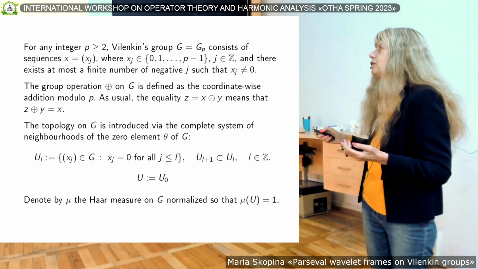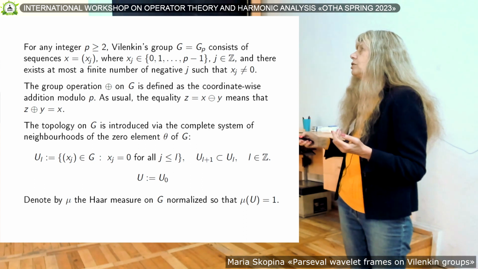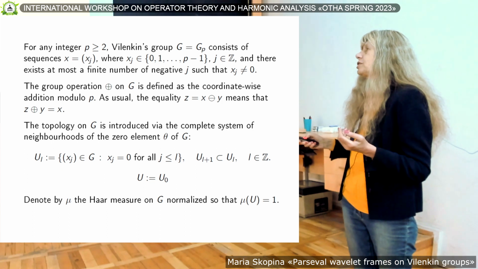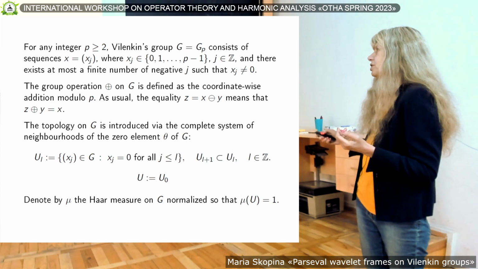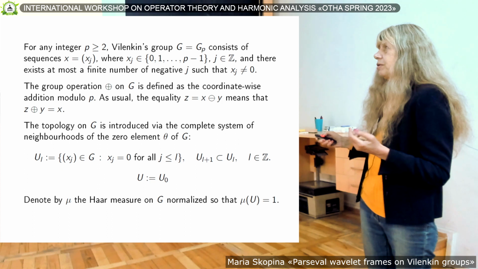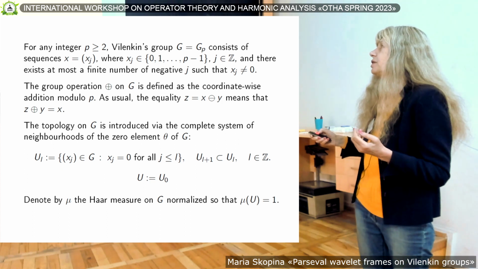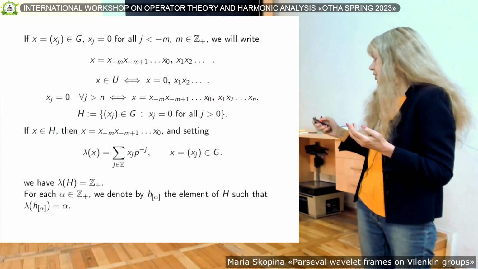The zero element, it is clear what this is. And this is a group, hence there exists the Haar measure on the group, and mu means the normalized measure. And on the semi-line, we also introduce the same addition.